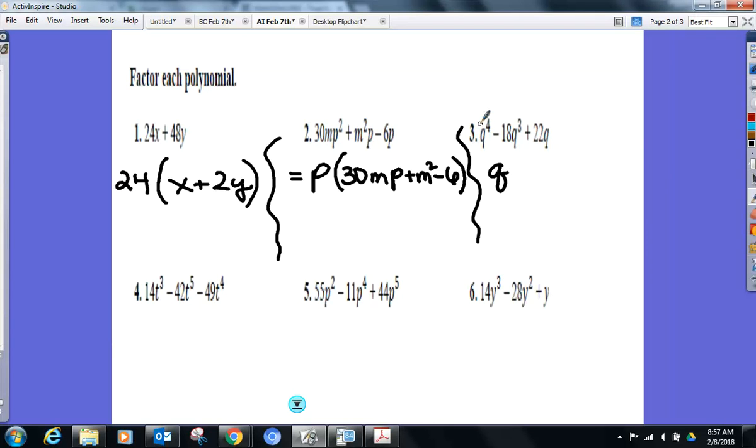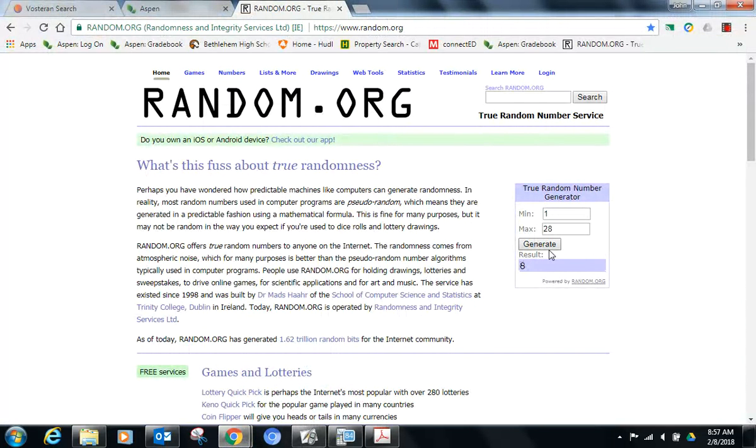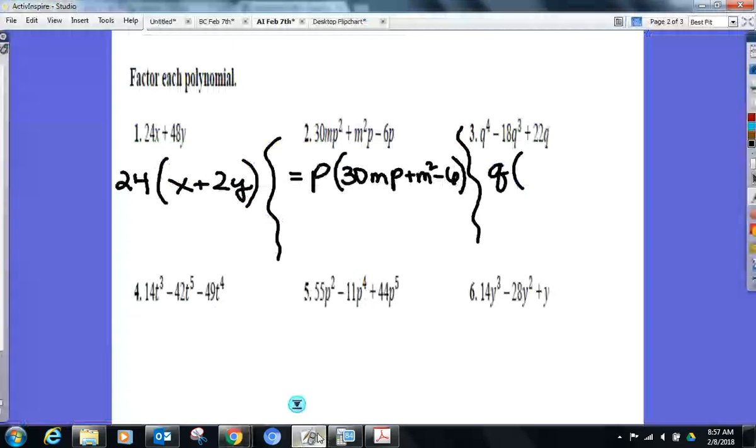Can't take a number out. What's going to be left now when I use this GCF method? Q to the third, because I took 1 out of the 4, minus, plus 22.